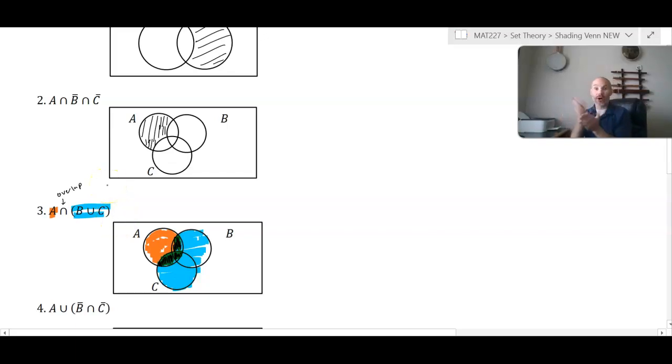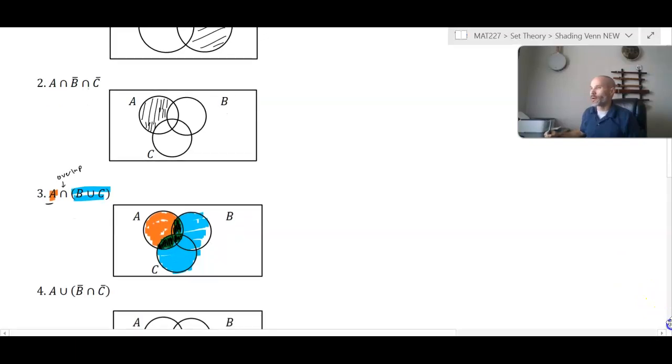So that means I have to be in art and biology, or I have to be in art and chemistry, because I have to be in art and I have to be in one or the other, or both, of biology and chemistry. Notice that incorporates where A overlaps with C, where A overlaps with B, and then of course naturally that will include where you're in all 3 of them.